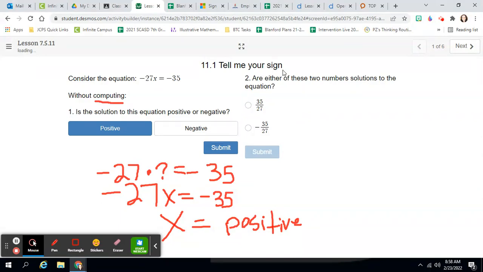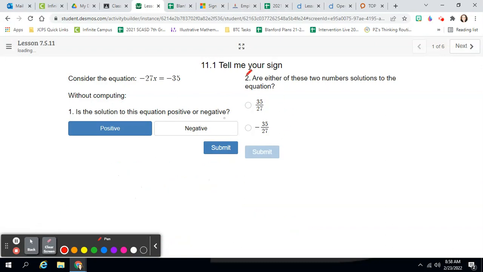Now, are either of these two numbers solutions to the equation? Remember that a fraction is a number, but fractions are also the same thing as division. So when we see 35 27ths, that is 35 divided by 27, right?